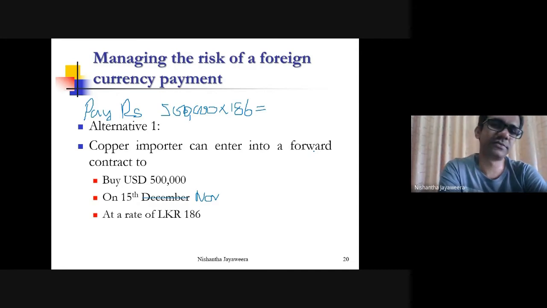If not, again, what are the pros and cons? What are the advantages of entering into a forward contract in this case? And what are the disadvantages?